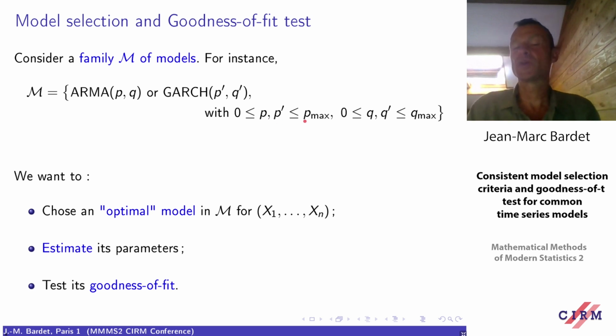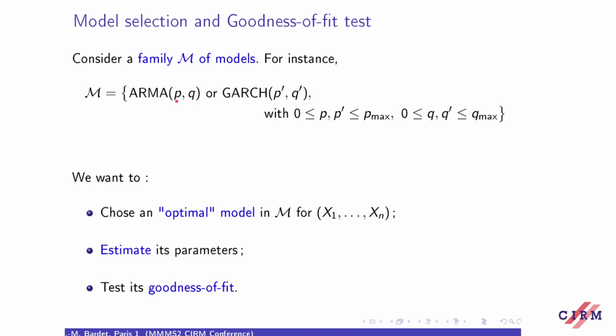Generally we use p max equal to 10, and q and q' less than q max, and as previously we generally use q max equal to 10. So you have here a large family.